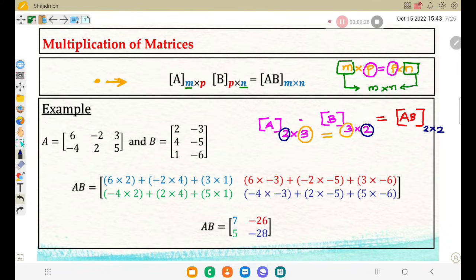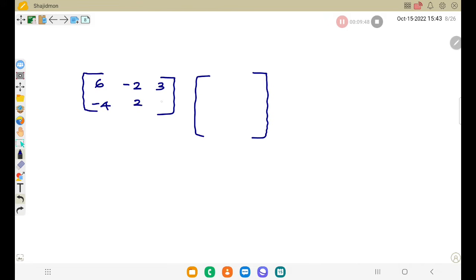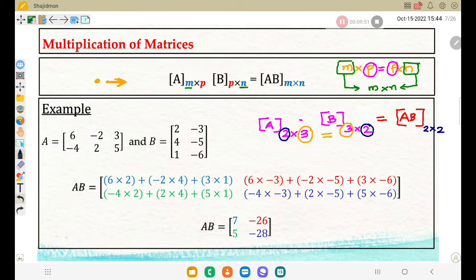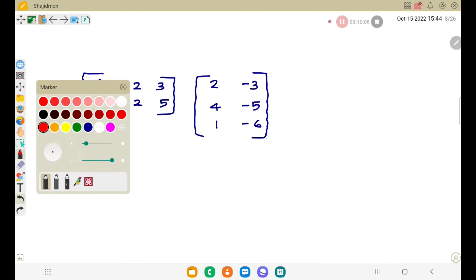Let me take the first matrix, 6, minus 2, 3, minus 4, 2, 5, and the second matrix here, 2, minus 3, 4, minus 5, 1, minus 6. I will show how to multiply this one.